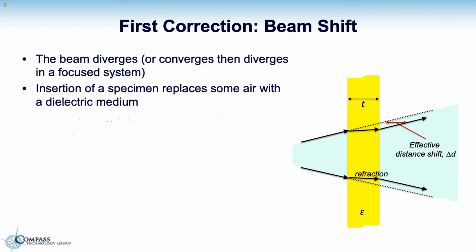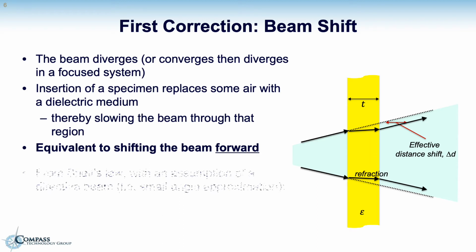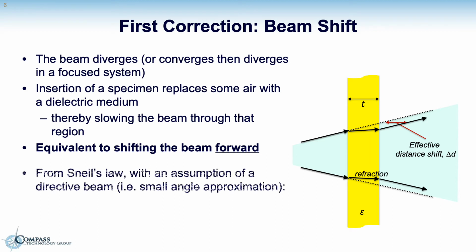And I show pointing vectors, the arrows, which show you the orientation of, say, plane waves in our distribution of plane waves. And as you can see, because of the higher dielectric constant of the material versus air, you refract energy when it goes into the sample. And that refraction has the equivalent effect of essentially shifting the beam towards the receiver side.